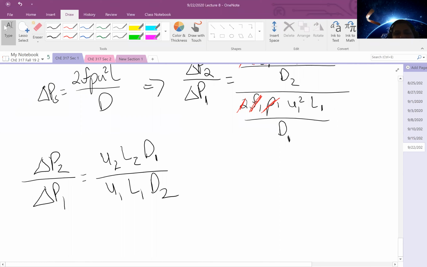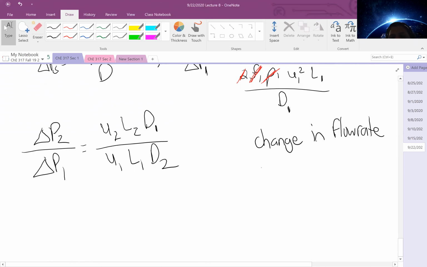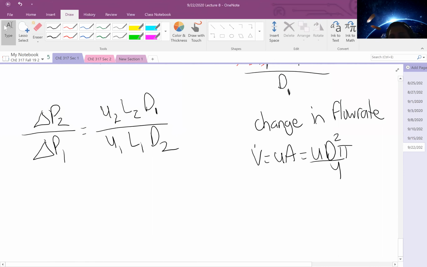The most direct way to consider it, since we're interested in knowing the change in flow rate, and knowing that I can solve for flow rate as U times A, which is U times the diameter squared times pi over 4, I can say, well, if flow rate is equal to U pi d squared over 4, that means U is equal to 4 times my flow rate divided by pi d squared.